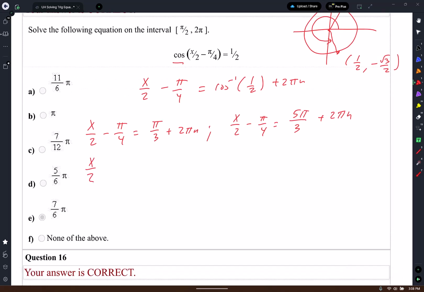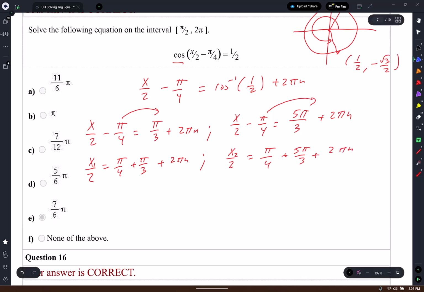x over 2, I'm just moving that 1/4 pi to the right, equals pi over 4 plus pi over 3 plus 2 pi n, semicolon. I'm doing both at the same time. x over 2, and I guess that's subscript 1, subscript 2. You won't need this one if you think about it, but I want to do it the right way. Are we still okay?